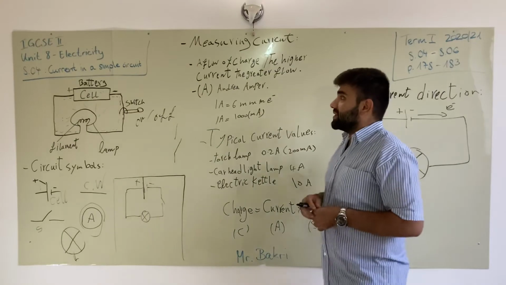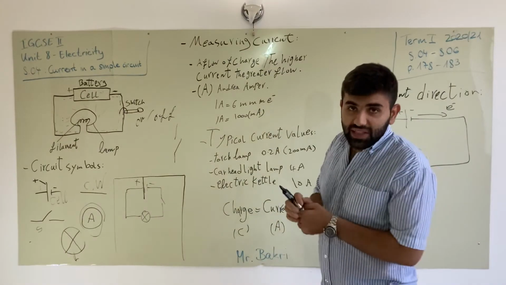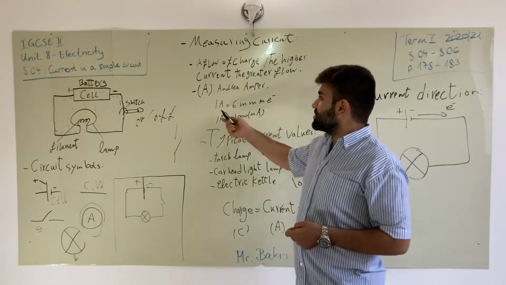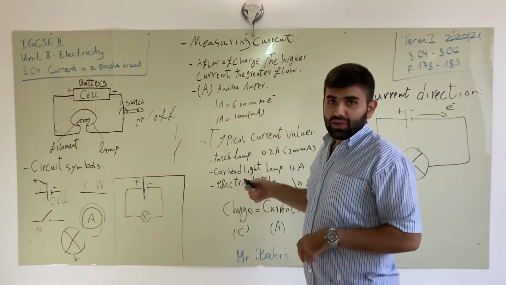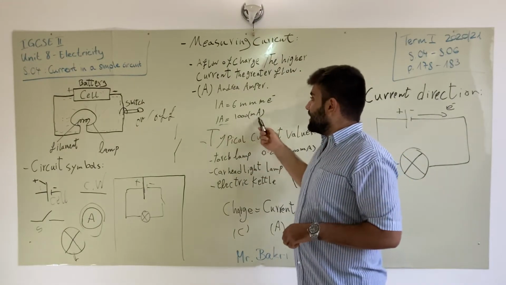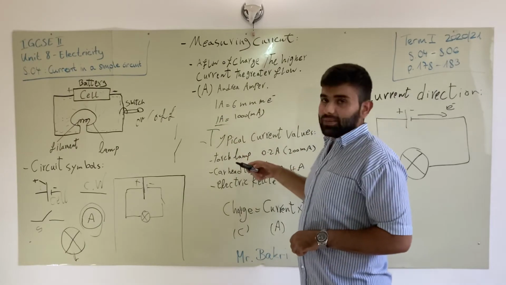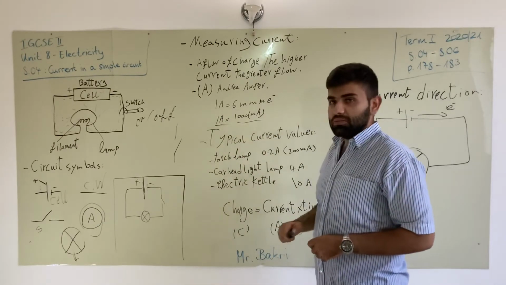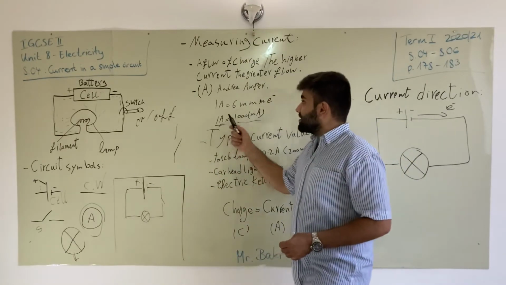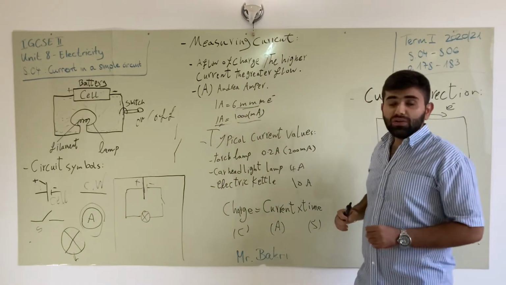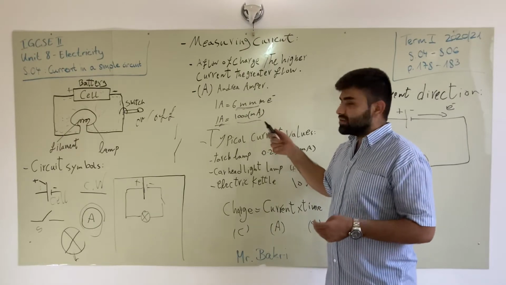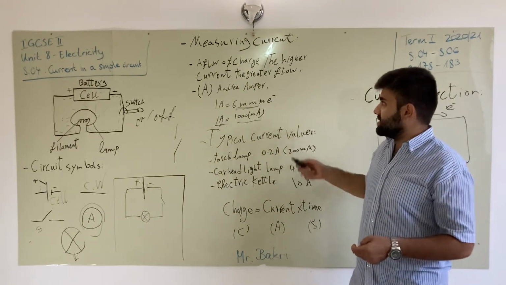Current is measured in amperes, named after the French scientist André-Marie Ampère. For small calculations we divide by 1000 to get milliamperes, so 1 ampere is 1000 milliamperes. The more current we have, the more flow of charge.